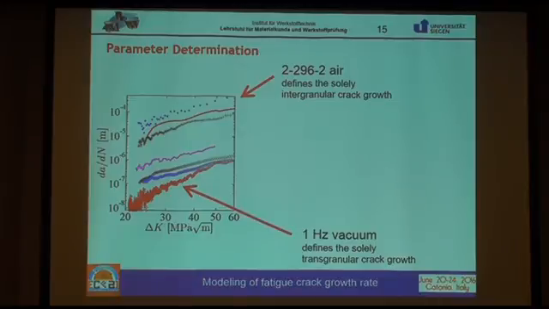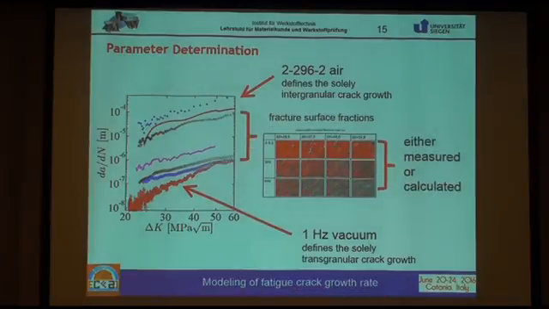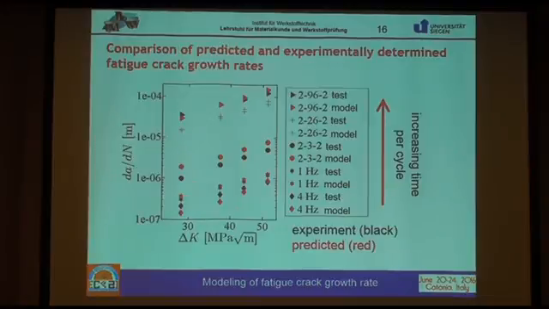The only additional parameter we need to know is this value B, which is the fracture surface fraction which is intergranular, and this can be obtained experimentally, as I have shown you before already, or can also be calculated via a very simple approach. So fractographic studies are not necessary here if you want to avoid that.